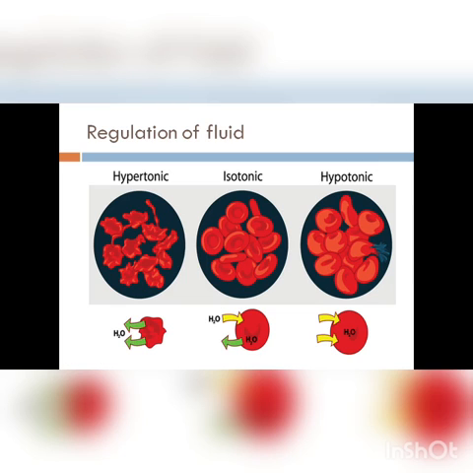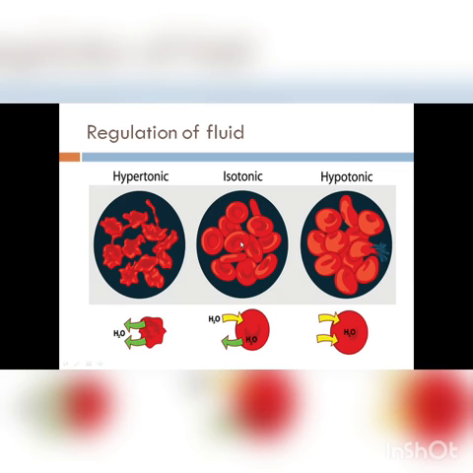In a hypertonic condition, cells have more water content inside the cell as compared to outside. So water, according to the gradient, moves from the area of high concentration towards the lower one. In this situation, cells shrink.